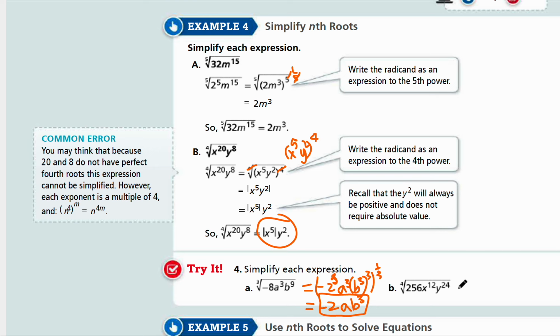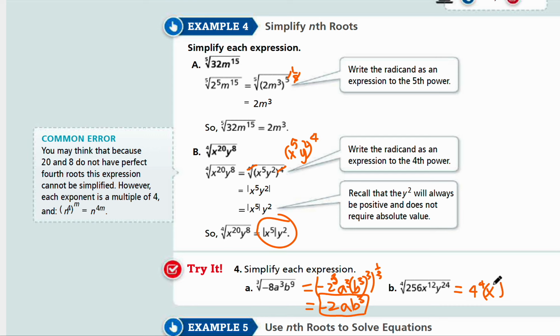But anyway, for this one, we will be able to rewrite 256 as 4 to the 4th power, or 2 to the power of 8. And then x, we want the power of 4.